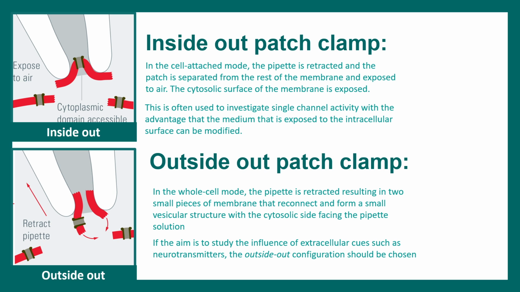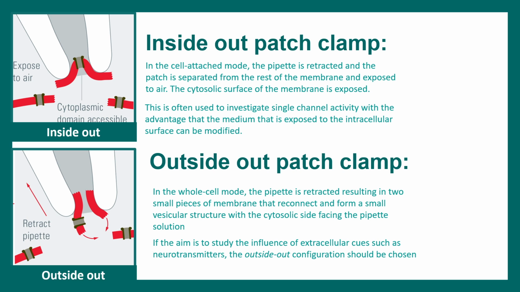The inside out patch clamp is very useful because the inside portion of the membrane is out, so you can dip this particular patch into a solution containing many different things. So it is used to understand what chemicals can modify ion channel activity intracellularly. And in outside out patch, the outward portion of the membrane patch is exposed.